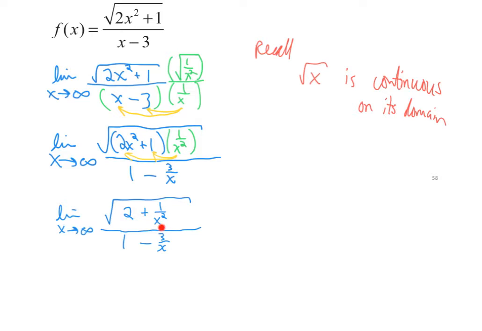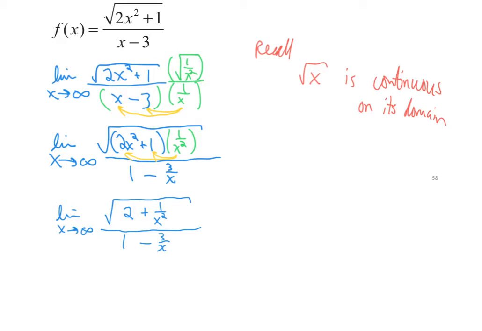We're also going to use the fact that we talked about earlier, which is that we know the limits of things of the form 1 over x to the r, where r is a positive rational number, are going to be 0.